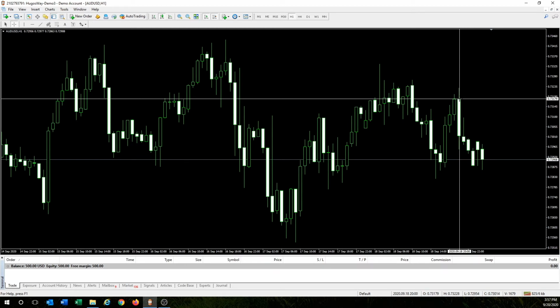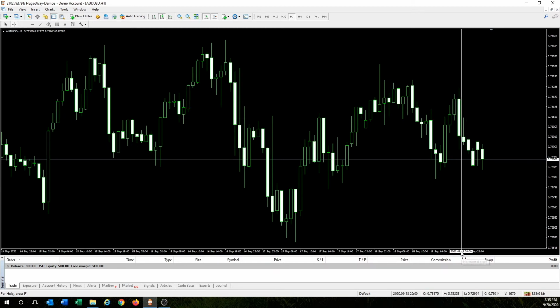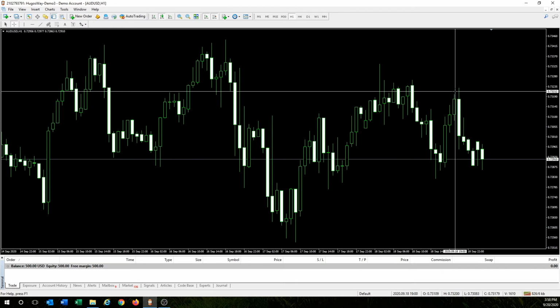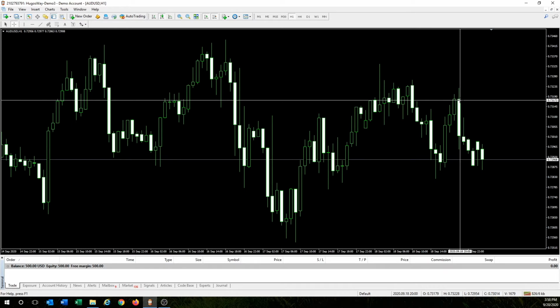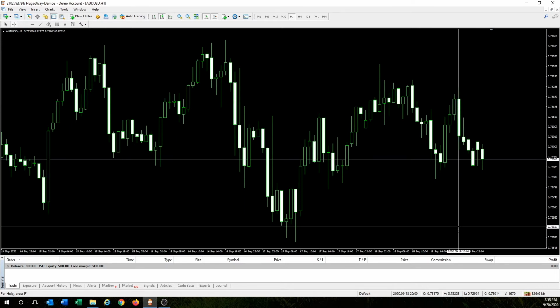You can also see the date and time that price opened. So the crosshair tool lets you look at the right-hand column and the bottom column to see the price and the date really quickly.